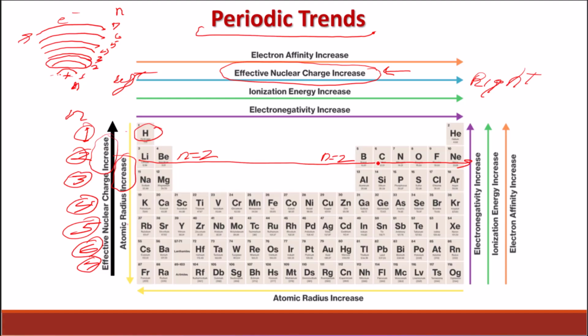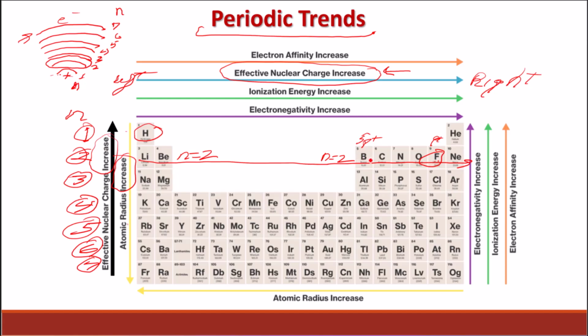And as you go across the periodic table, the number of protons is increasing. So boron has 5 protons in the nucleus, and fluorine has 9 protons in the nucleus. So it stands to reason that fluorine would have a higher effective nuclear charge than boron, because it has 9 positively charged protons in the nucleus, which are attracting the valence electrons to a greater degree.